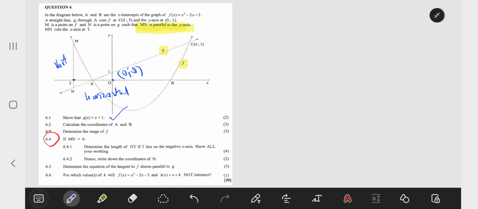Let's check the vertical distance, right? For the vertical distance we must say the y up here minus the y down here. So let's identify these coordinates, and then we get T. The x-coordinate of M will be the same as the x-coordinate of T, and it will also be the same as the x-coordinate of N. So everywhere here the x is the same because it's a vertical distance, right?